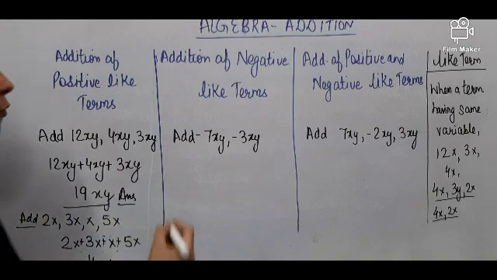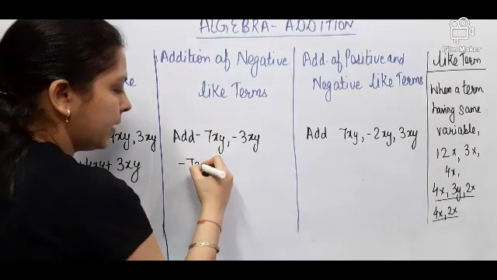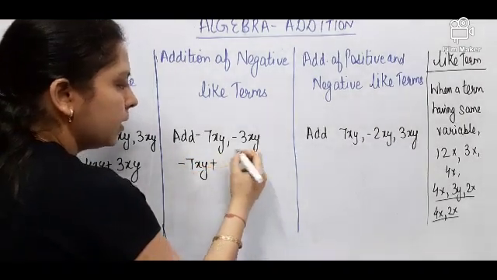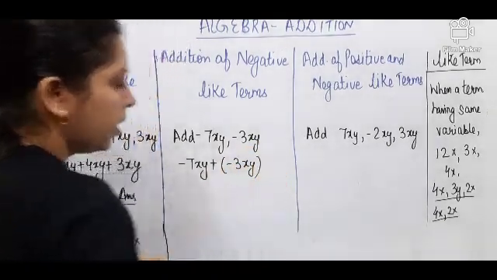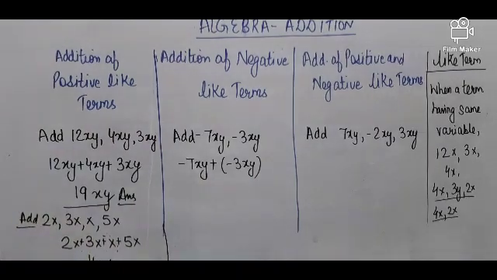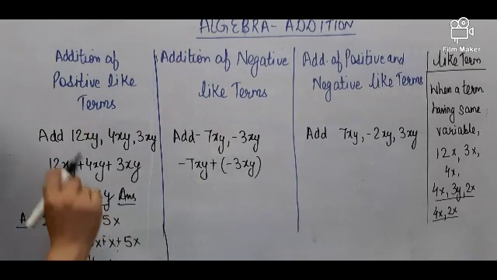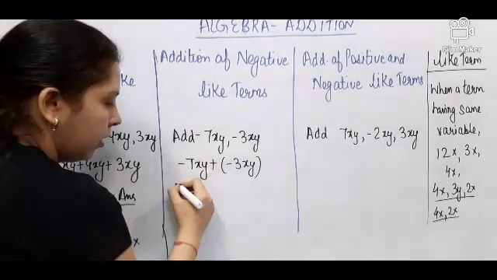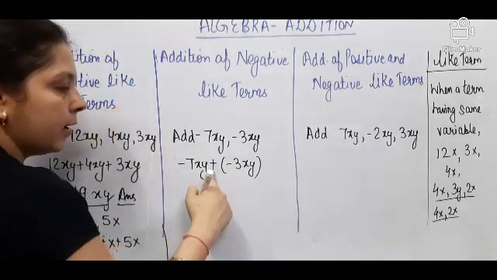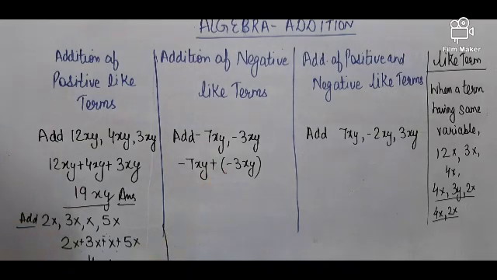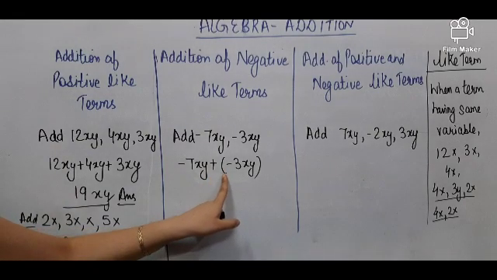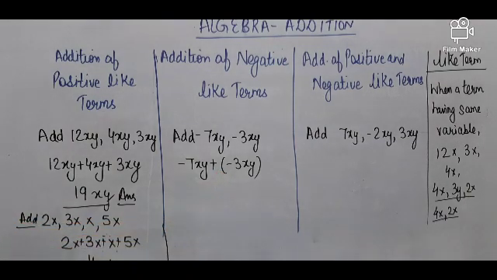Now let's see how we'll add this. So minus 7xy plus, write this term in the bracket. Okay. So there is a rule. You have to follow some rules here. See, when a bracket is preceded by a positive sign, then there will be no change in the bracket. Okay.